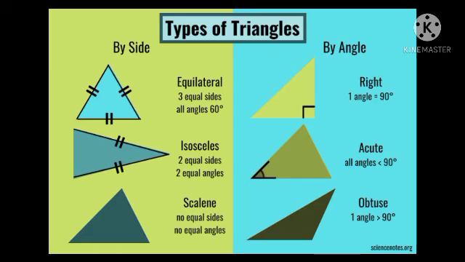If three sides of the triangle are equal in length, then it is called an equilateral triangle. Thus, based on the sides of a triangle, we can classify triangles into three types: scalene triangle, isosceles triangle, and equilateral triangle.